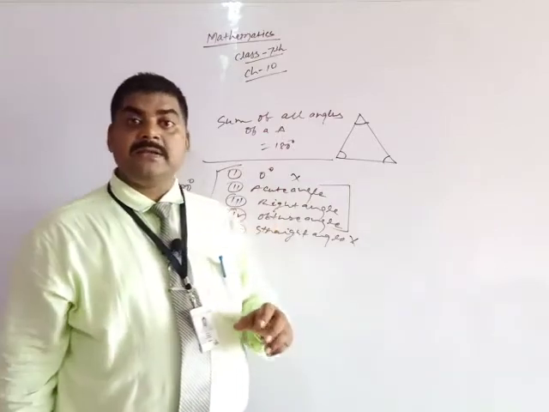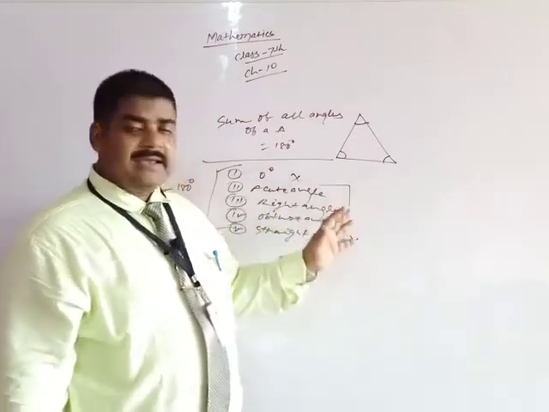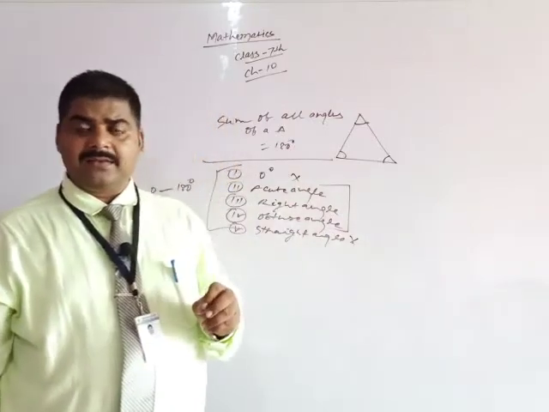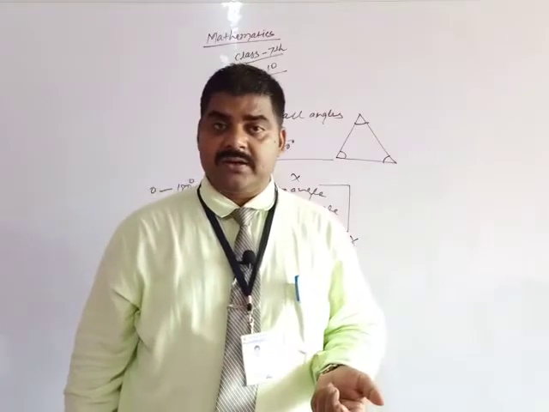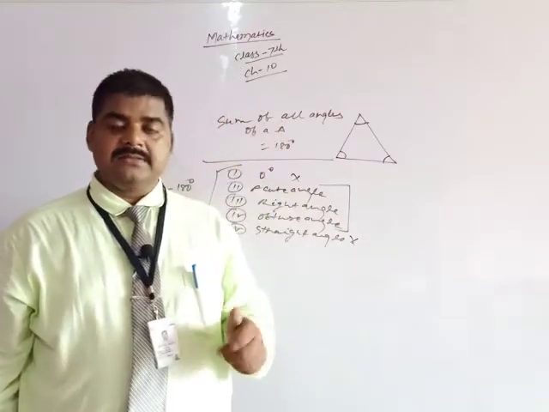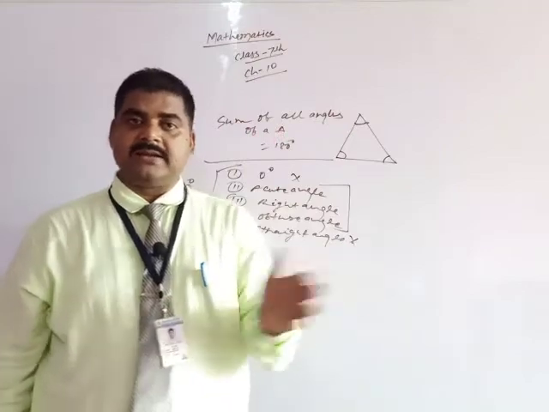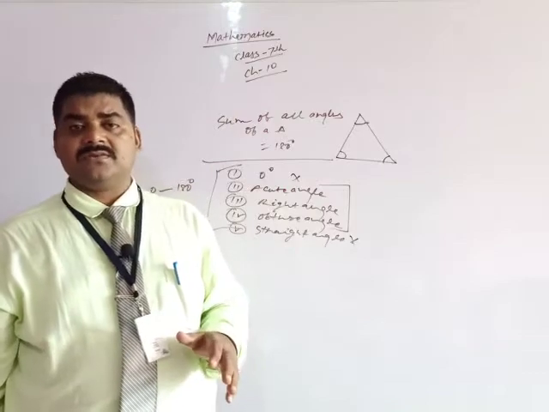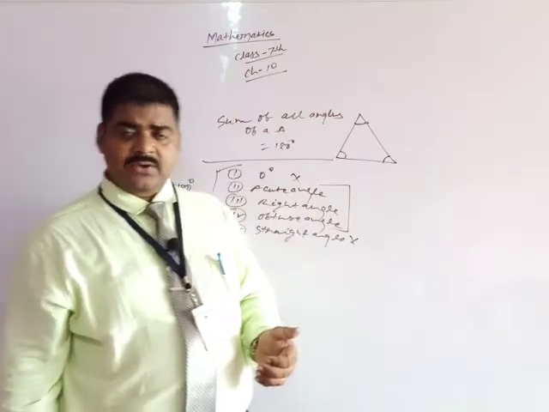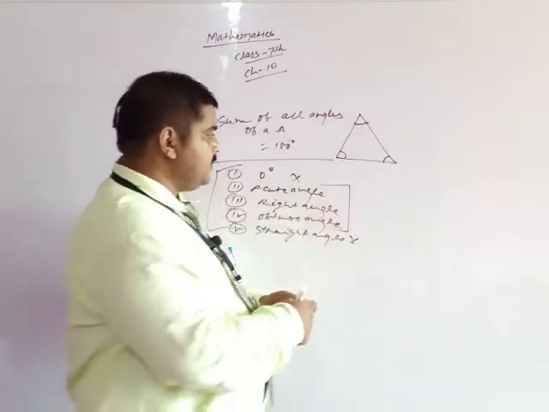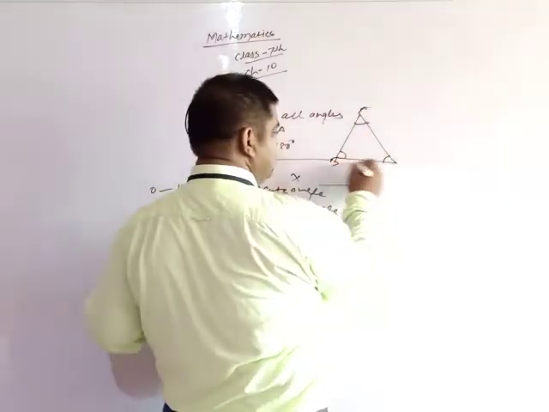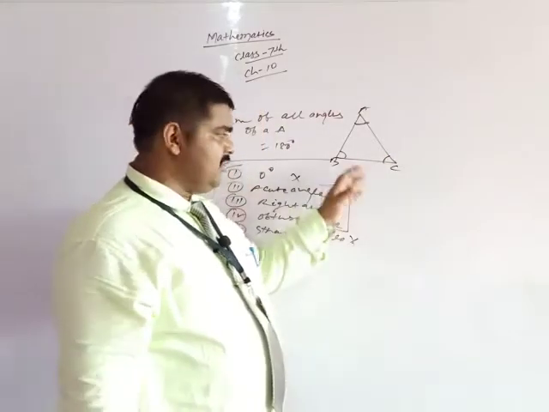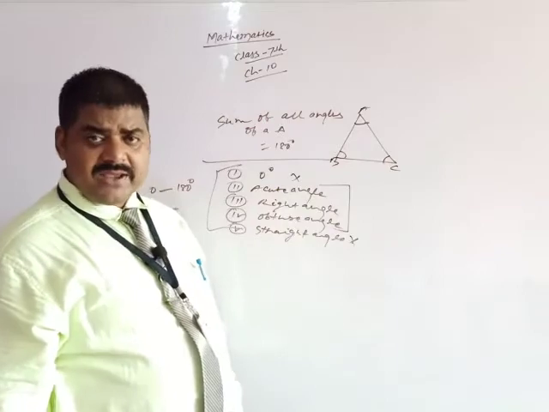An acute angle triangle is defined if each angle is acute. You know very well that acute means the measure of the angle is greater than 0 degrees but less than 90 degrees. Suppose in this triangle ABC, all 3 angles are acute, then it is known as an acute angle triangle.